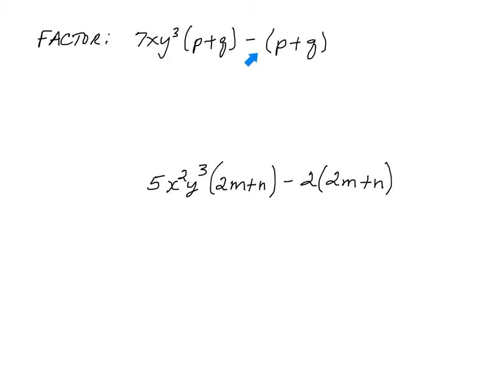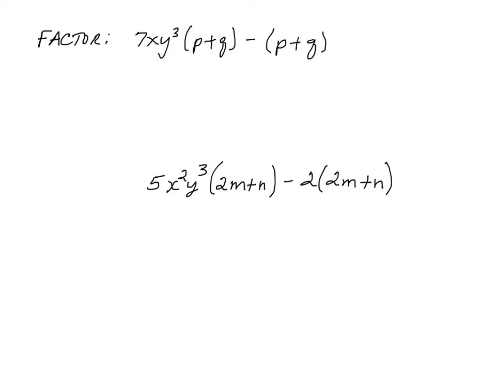You don't see a coefficient there. So what you may want to do, while you're in the midst of your factoring, is place a 1 there. Because anything can be multiplied by 1, but it's important that you understand. If you don't place it there, it's okay, but you need to know that a 1 exists right there.